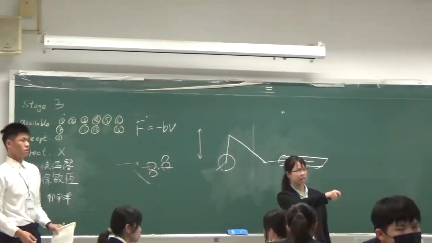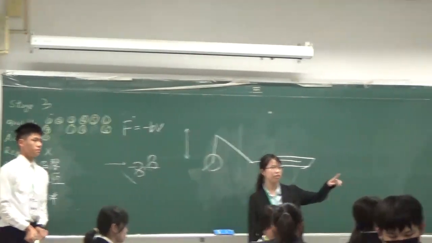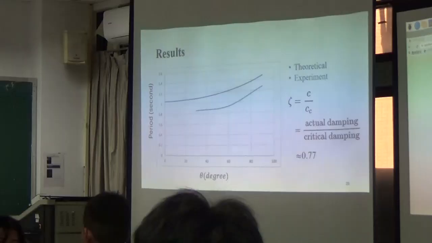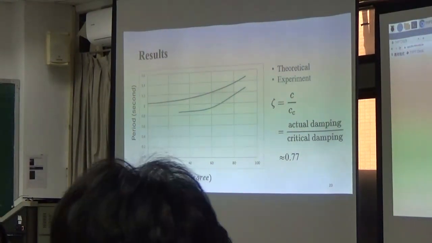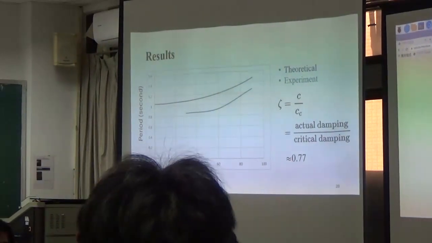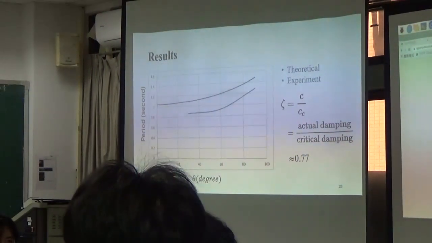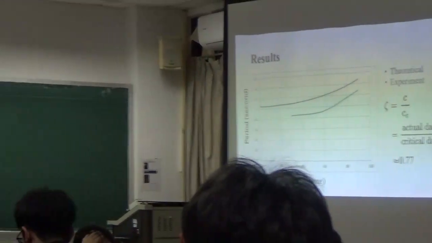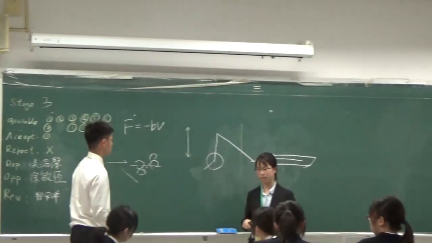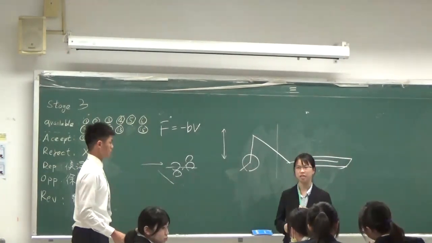According to the diagram, we did the experiment with different angles and the damping period in our experiment is similar to the theoretical one. So I think when we do the experiment at different times, the damping ratio is the same.